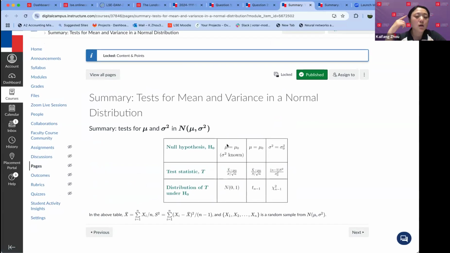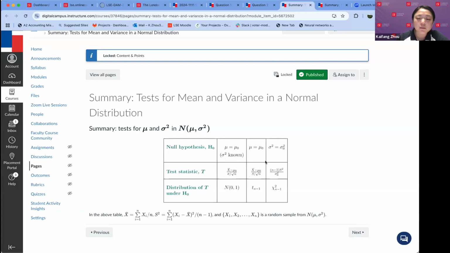You will have this summary table, the test for mean and variance in a normal distribution. If we carry out hypothesis testing for mu, we assume that sigma square is known, so we're going to use the normal distribution to carry out the hypothesis testing.